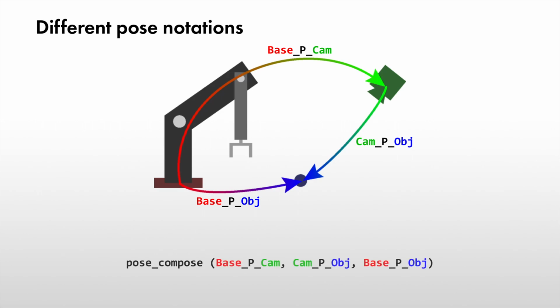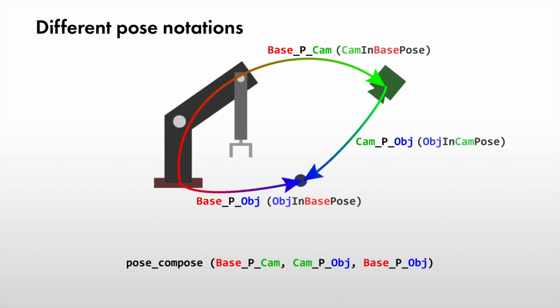To do this, we use pose-compose like this. The first object is also the first object of our result, and the last object is the second part of our result. The middle part of the input must be identical. As you can see, this notation makes using pose-compose straightforward. Sometimes another notation is used.